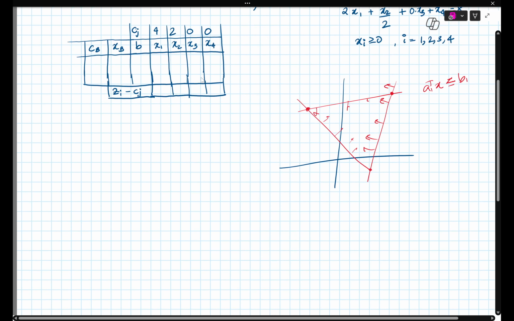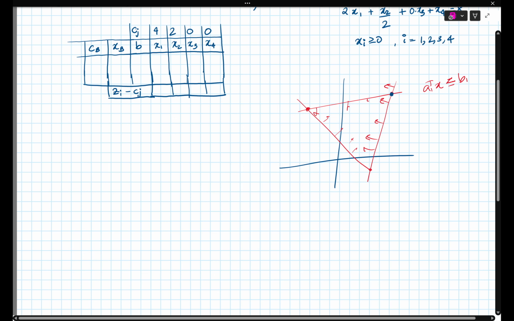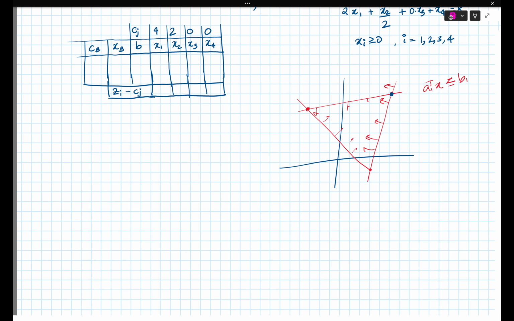So in an n-dimensional space, let's take 2D. In 2D, to get a vertex you need two lines, which are like two constraints.